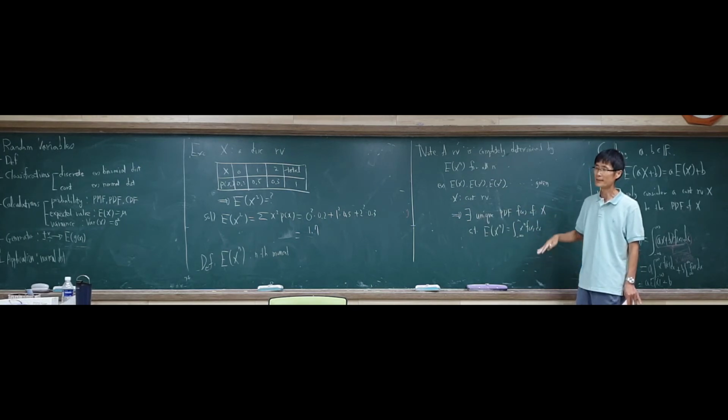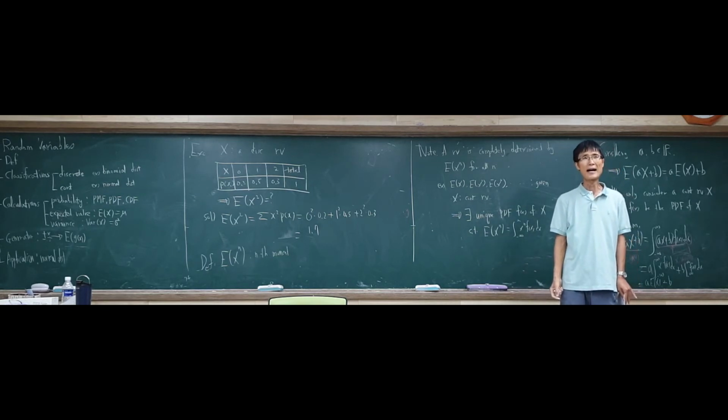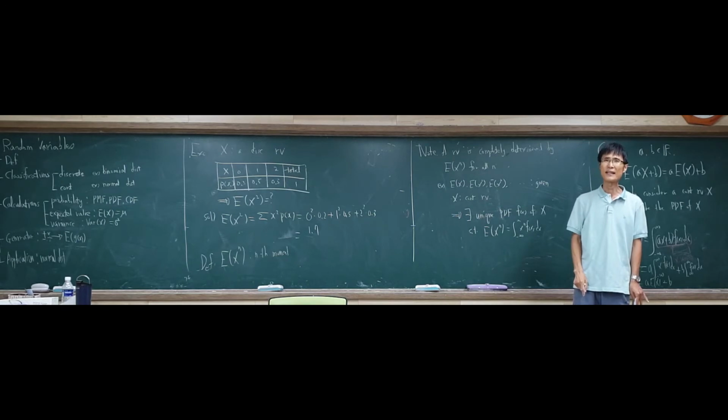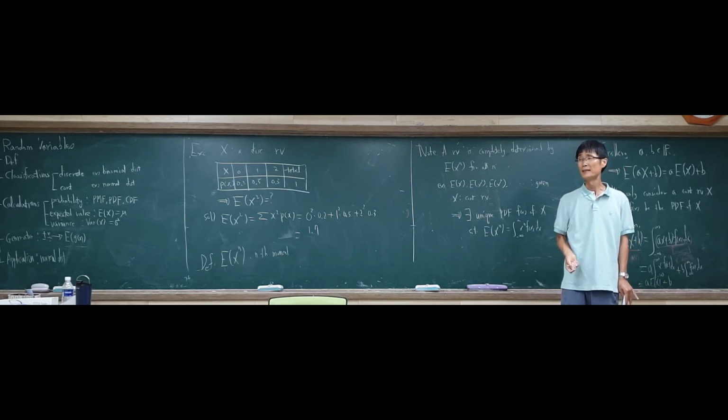The proof involves the Lebesgue integral. You have studied the Riemann integral, but there are many other kinds of integration. And actually, in the theory of statistics, the Riemann integral is not so good in calculation. So in statistics, we use the Lebesgue integral instead of the Riemann integral.